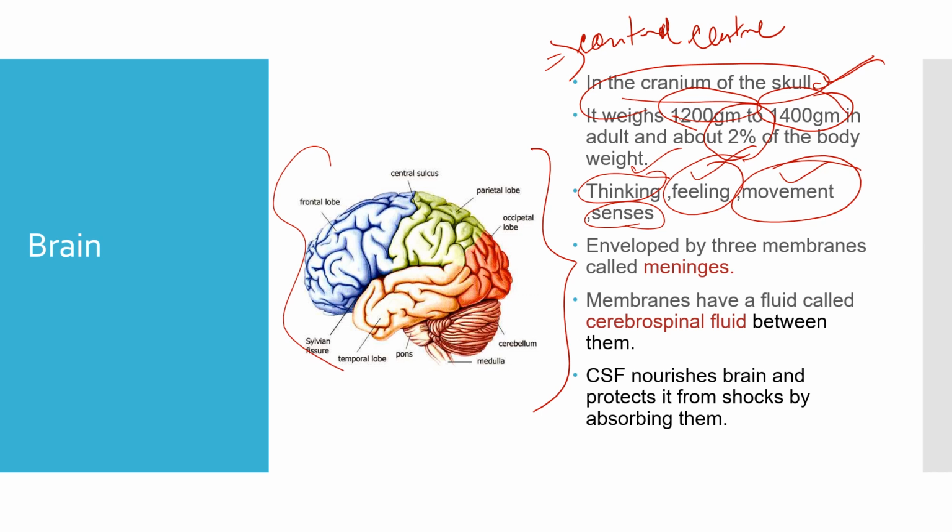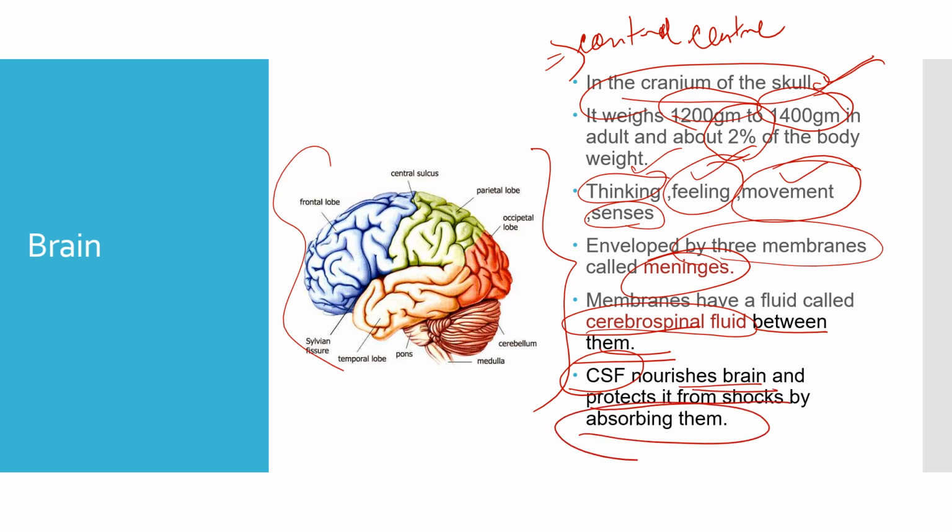The brain is enveloped by three membranes called the meninges, and there is cerebrospinal fluid, or CSF, in between them. What is the function of the CSF? The cerebrospinal fluid nourishes the brain and protects it from shocks, like in certain cases of accidents, or if the head is hit hard.